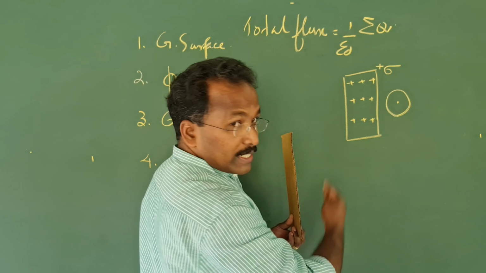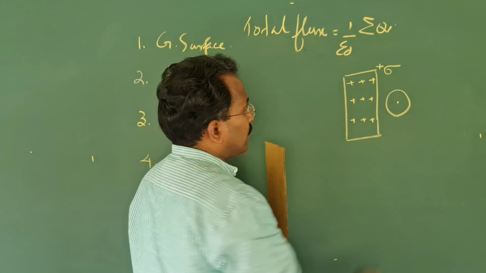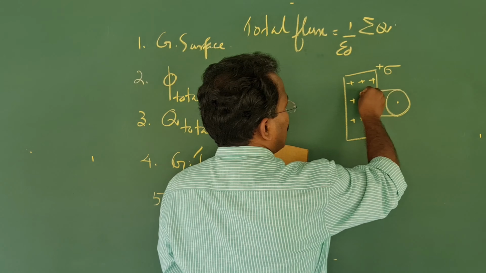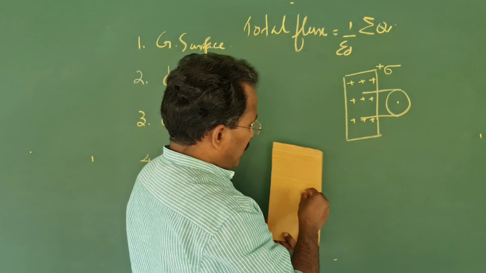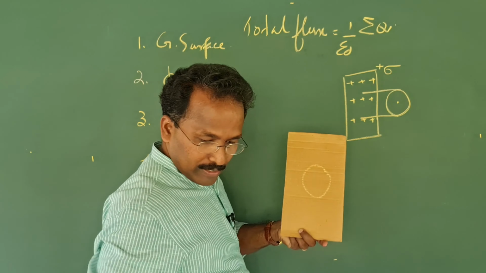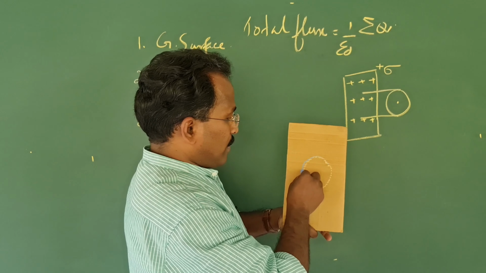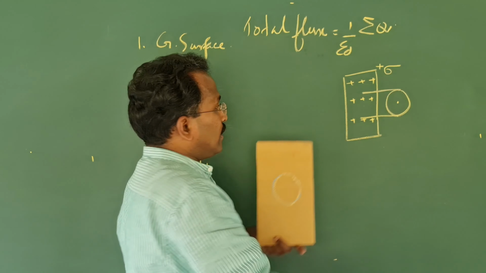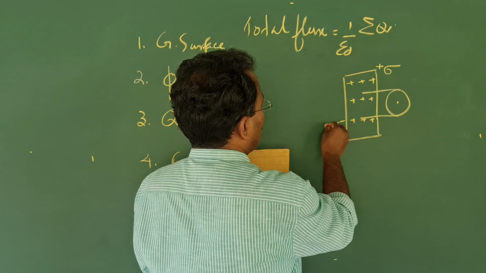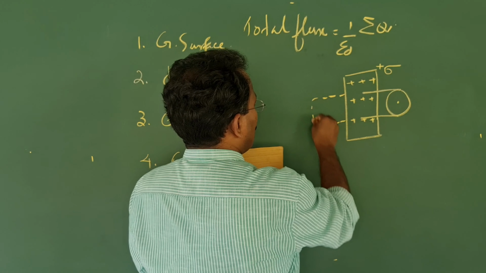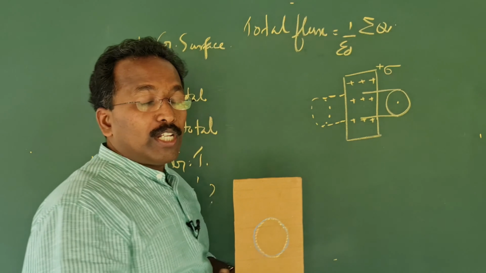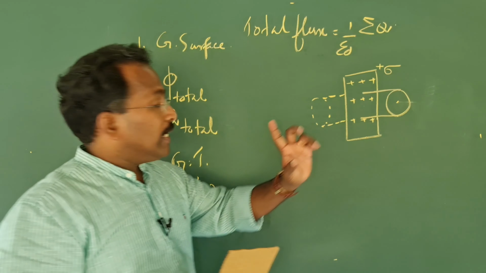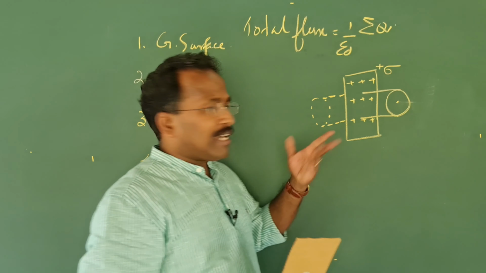On the cut face you have this point, and this is that Gaussian surface touching the sheet and piercing that sheet. This Gaussian surface will pierce this and go to the other side like this. So the other side I am drawing using dotted lines, and in the exam you can write like this. Imagine a cylindrical Gaussian surface as in the figure.